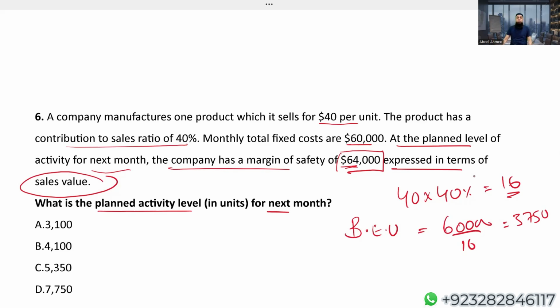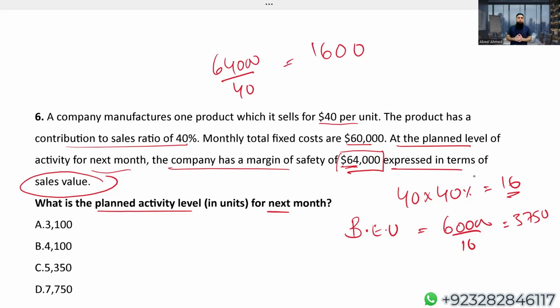Now, we just need to find the margin of safety in units, but this time they have given us the margin of safety in terms of amount. No issue at all. If I divide 64,000 by the selling price, to get the units, logically, margin of safety units are 1,600.